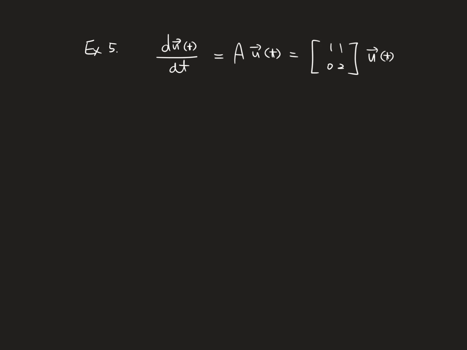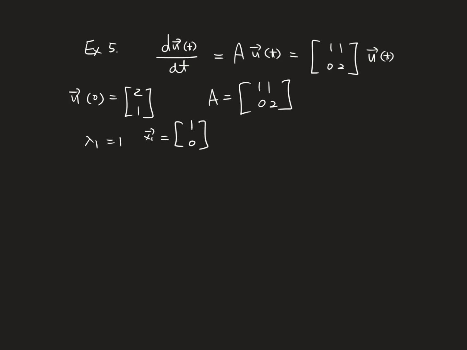This is an example of a differential equation, and the initial condition is just a 2, 1 vector. For this matrix, lambda 1 is equal to 1 with eigenvector 1, 0, and lambda 2 is equal to 2 with eigenvector 1, 1.